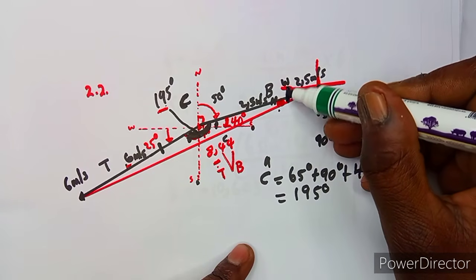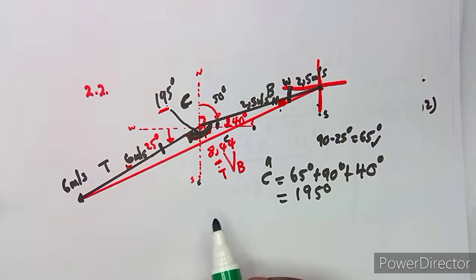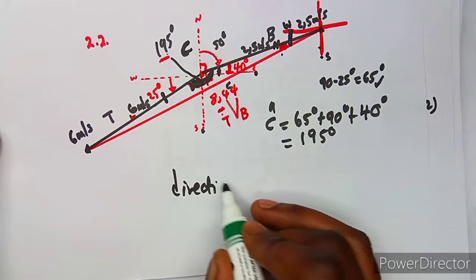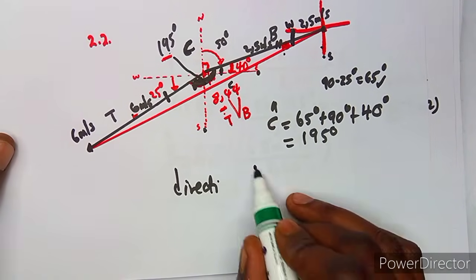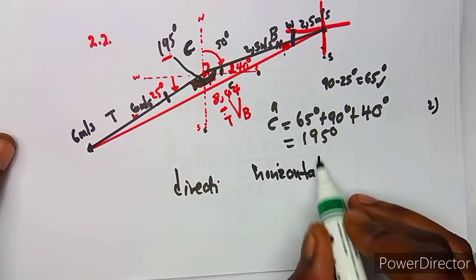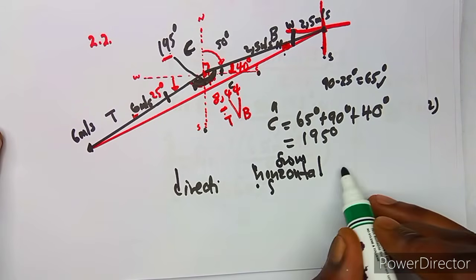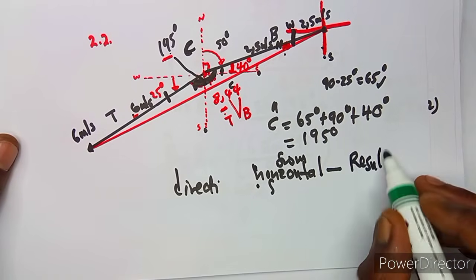All right, remember, when you are calculating the direction, mostly what I want you to know is that you take it from the horizontal line. So it must be from the horizontal line to the resultant line.